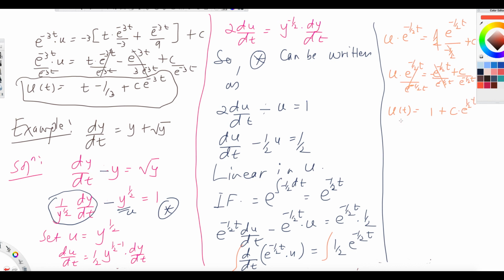Oh, by the way, I forgot to write this equation in terms of y. What was the value of u(t) there? The value of u on that problem was y to the negative 3. So this will be y to the negative 3 equals t minus 1/3 plus c e to the negative 3t.